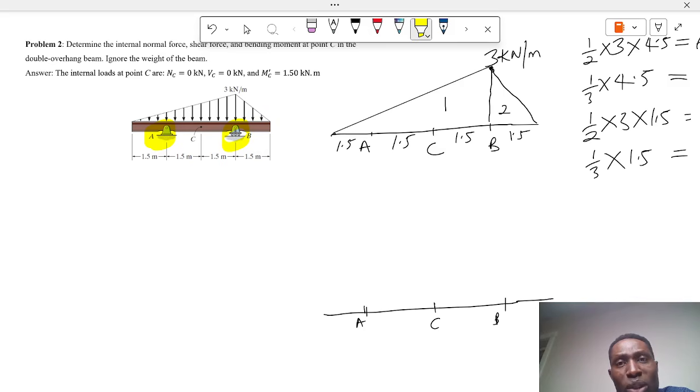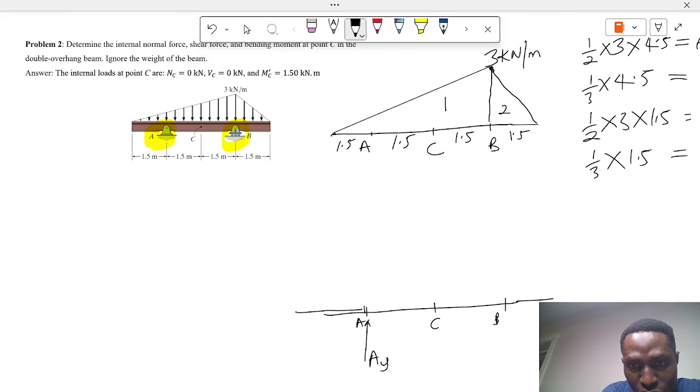For a roller joint, you have just one reaction, a normal reaction acting perpendicular to the roller surface. So let me represent that. Here at point A, we have this vertical reaction, which I'll represent by AY, and this horizontal reaction, which I'll represent by AX.